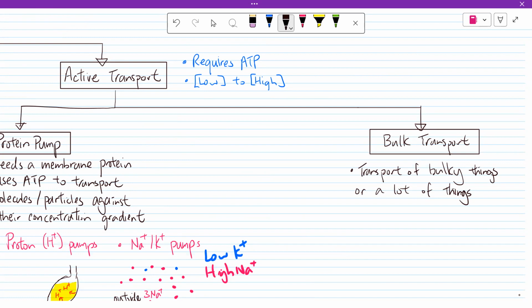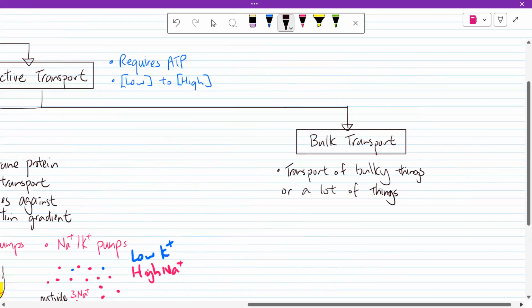Something is really big. Or when you say to do it in bulk, that means you do it in large quantity. You know, people go to Costco and they buy in bulk, buy a lot of the same item, right? So in bulk transport, you either are moving something super big, like a bacteria that's really big, or you're moving a lot of something, even if they're small. If you need to take a lot of them in, that is considered bulk transport.